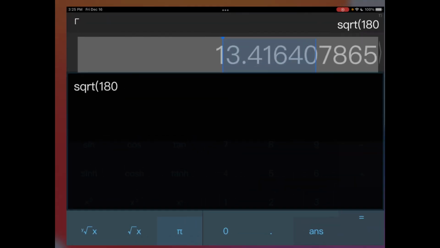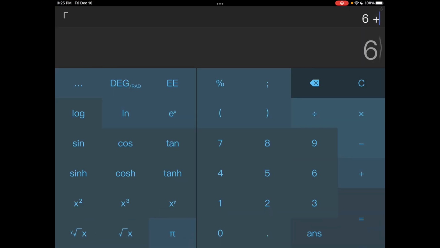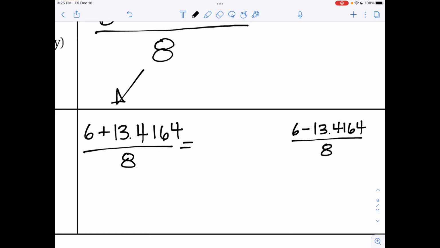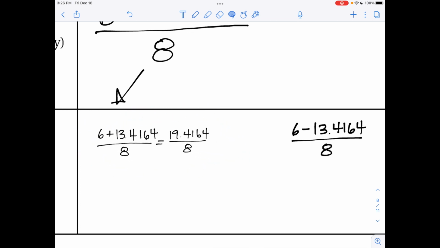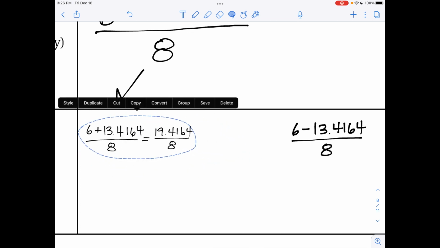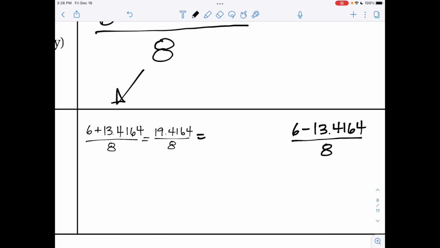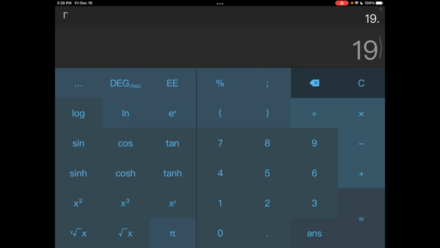So 6 plus 13.4164 is 19.4164 over 8. All right, 19.4164 divided by 8 is 2.42705.